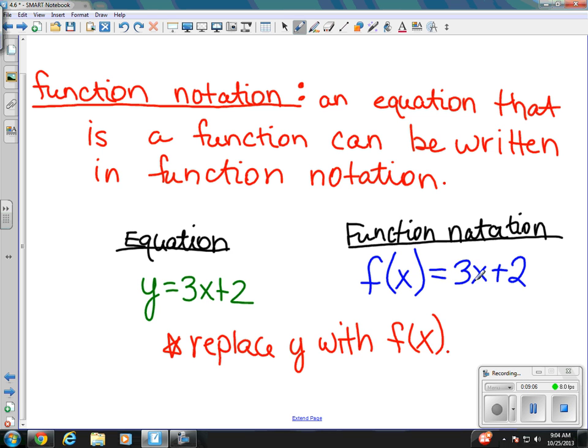Our function notation writes f of x equals 3x plus 2. And all you do for function notation is you replace your y with an f of x. That's all that happens. It's still a linear equation. If you look, we'd say yes, it's linear. The only difference is we replace y with f of x.